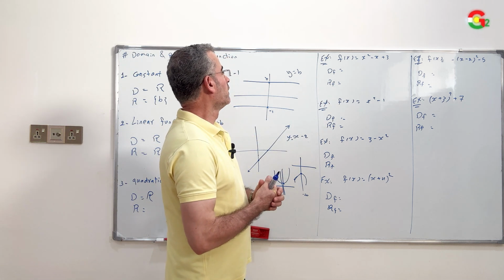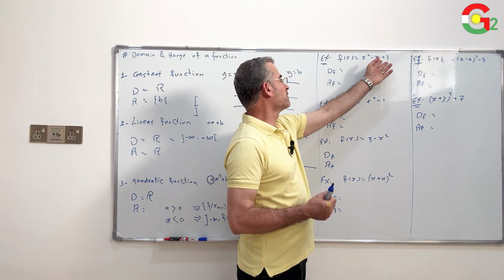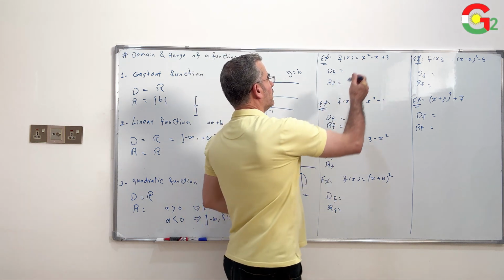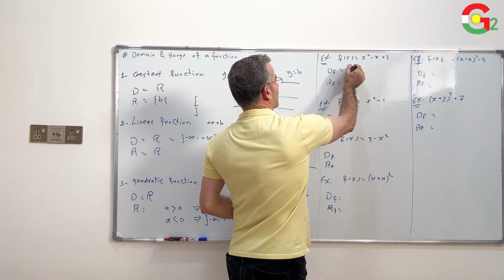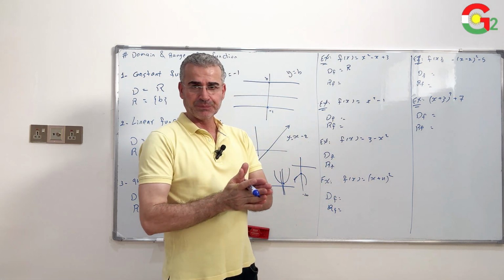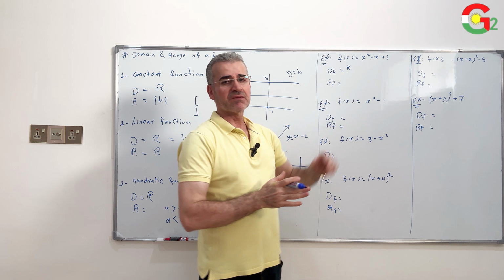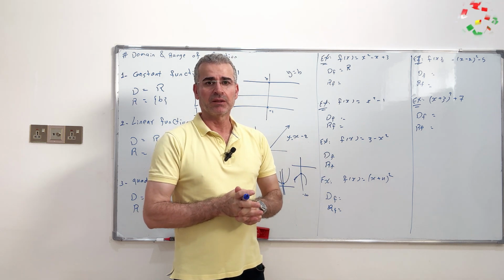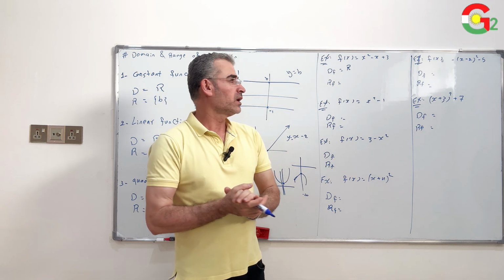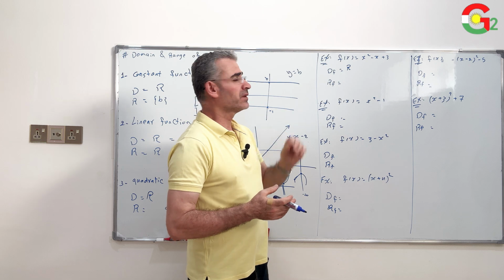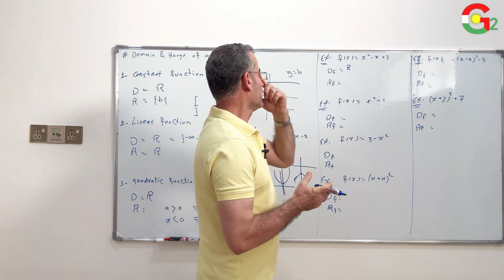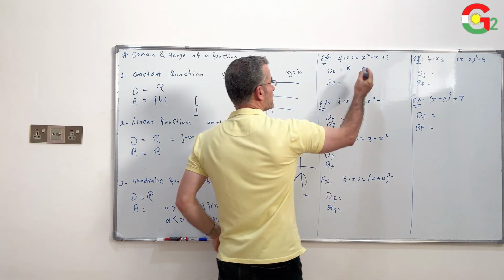Example: find the domain and range of this function. The domain is R. For the range, either I solve this function by the quadratic formula, or I rewrite it as a complete square. Let me rewrite it as a complete square, it's easier.